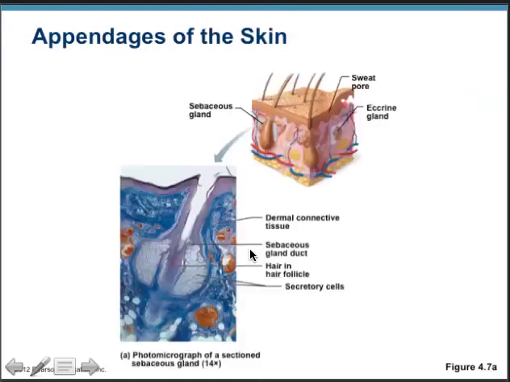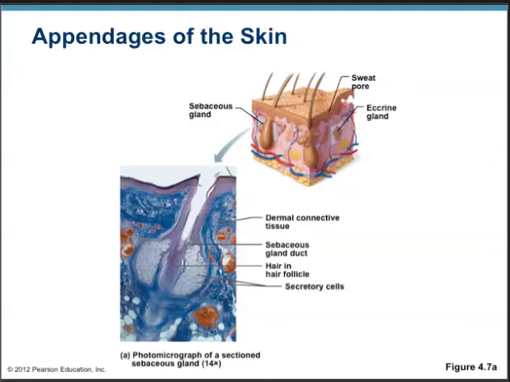And here you can see again a cross-section through the skin. We're looking here particularly at the sebaceous glands. You can see them here and here. You can also see them in the drawing here and here and here. And they produce oil or sebum, which is a skin lubricant and prevents the hair from becoming brittle and breaking off. It also has antibacterial properties.